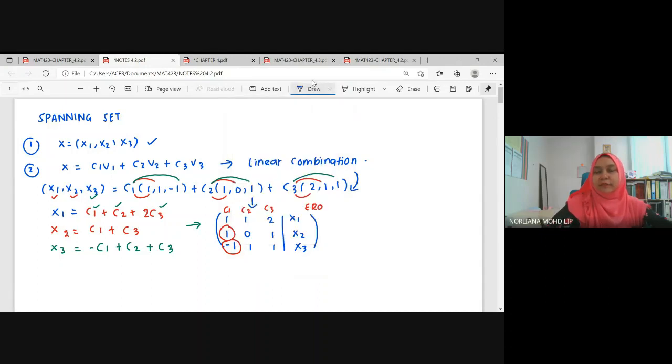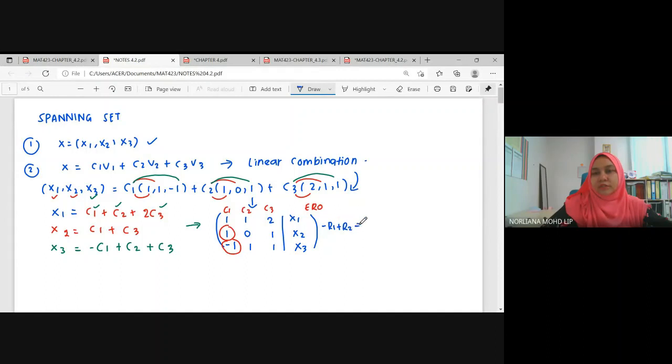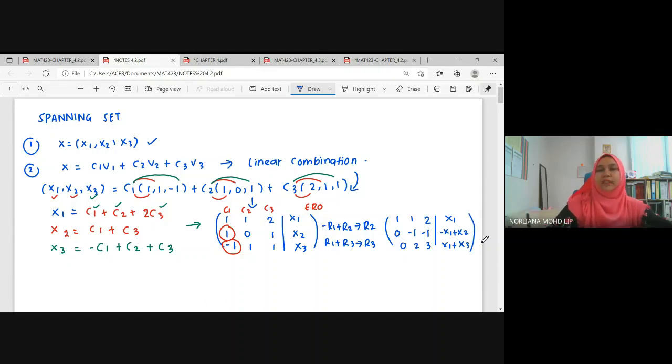Ingat tak balik? Ni chapter 2. Negative R1 plus R2, transform into R2. Ini 0. R1 plus R3. Okay, lagi.